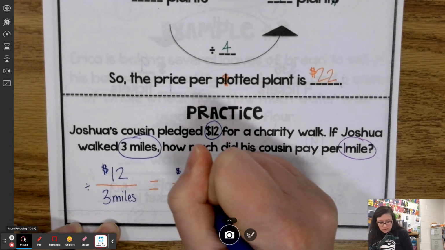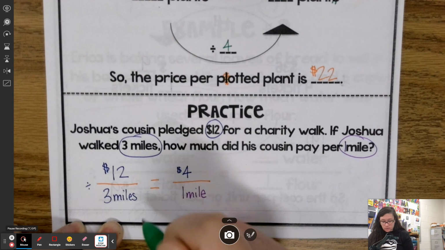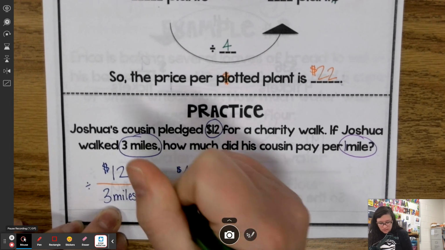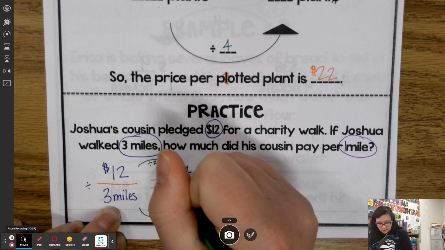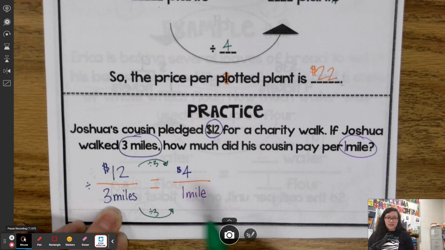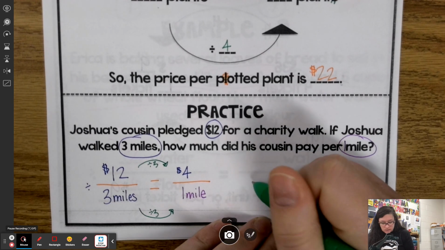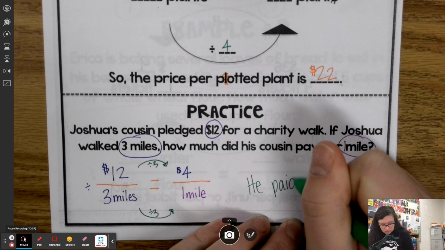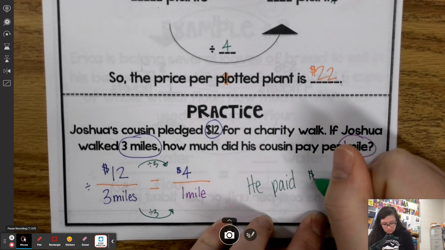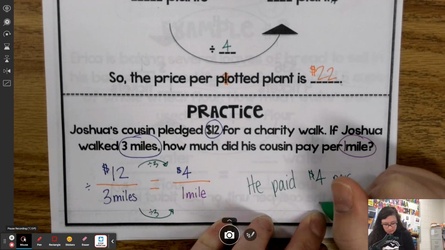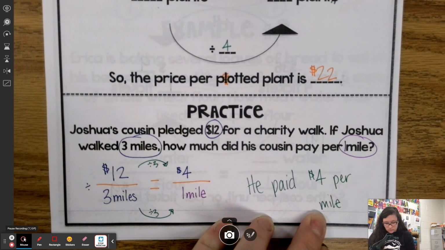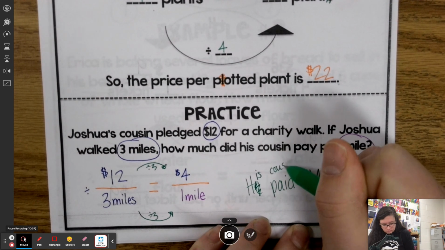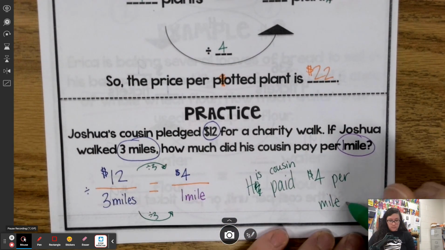Would give me $4. And if I went about it horizontally, I would do 3 divided by 3, and I would do 12 divided by 3. Either way, I'm going to get $4. So his cousin paid $4 per mile. I guess it's his cousin, it's not him. His cousin paid $4 per mile.